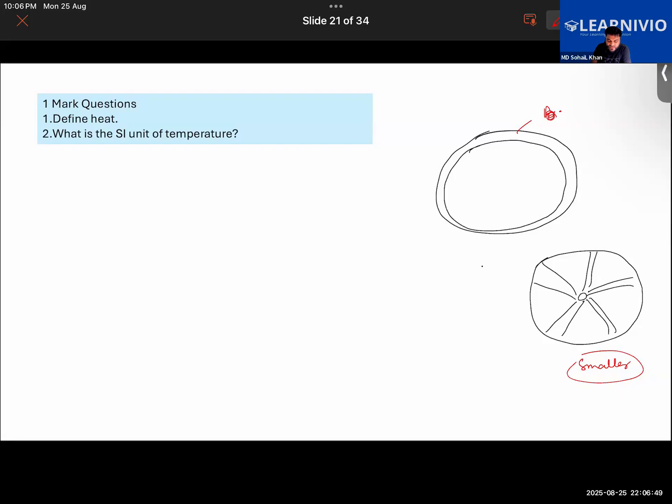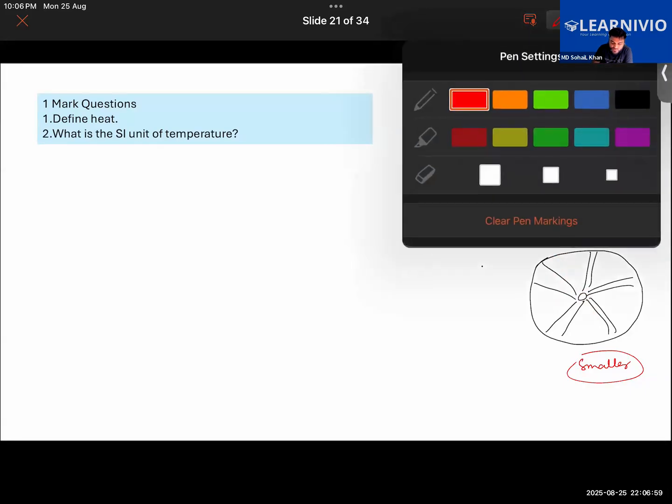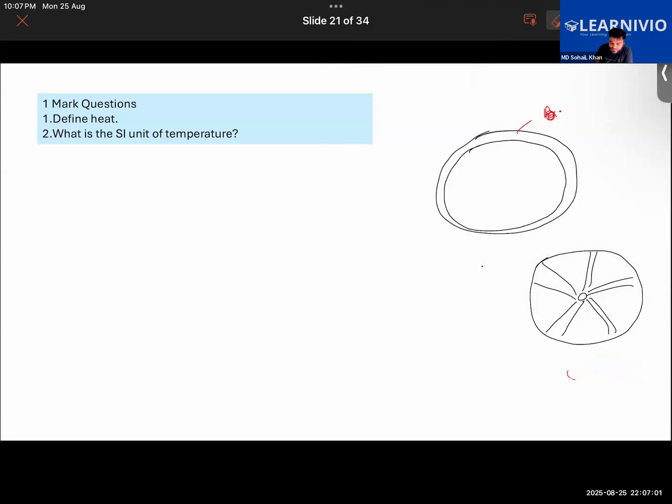Let's say this metal rim is of the same size as the wooden wheel. Let's not talk about small or big, otherwise we'll get confused. Say the metal rim needs to be fitted over it, but it is slightly shorter, and we are unable to fit it properly.